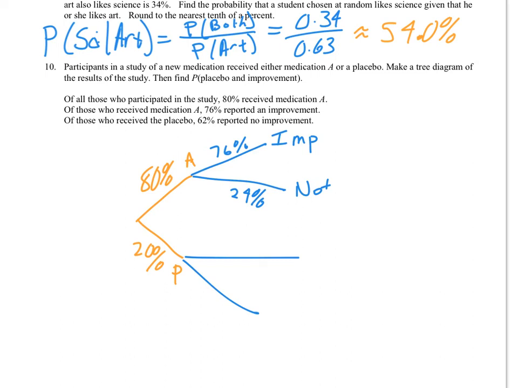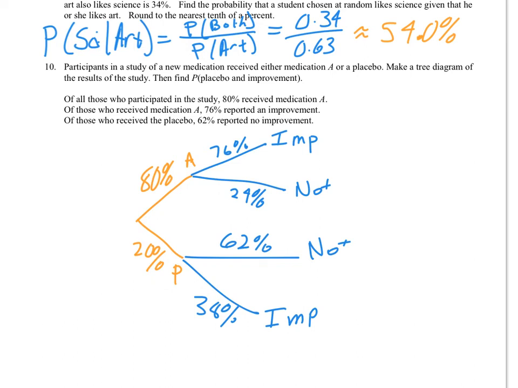So I'm going to keep that on the inside, I think is how I would do that. You could set that up differently if you want. But if 62% said no improvement, that would actually mean that 38% said that they felt like they improved just from getting the placebo. And they want us to find the probability of placebo and improvement.